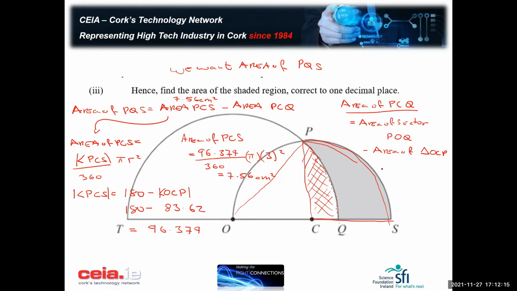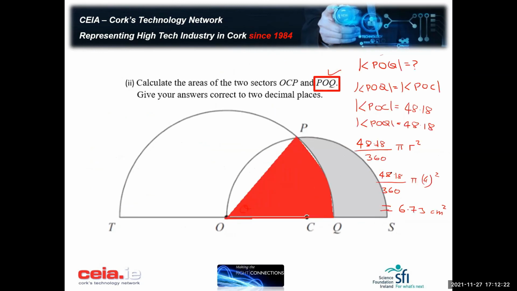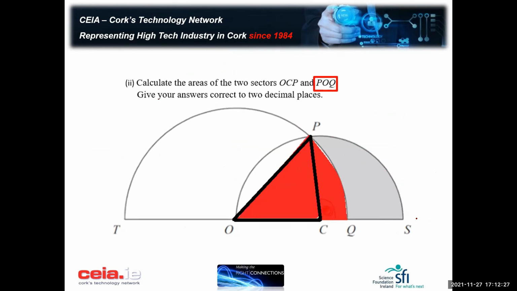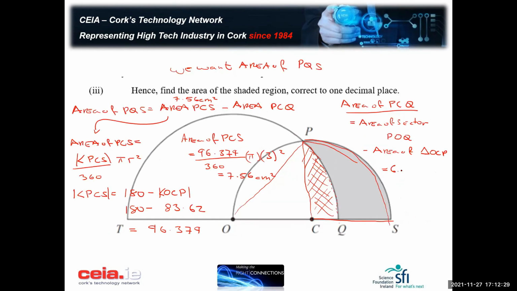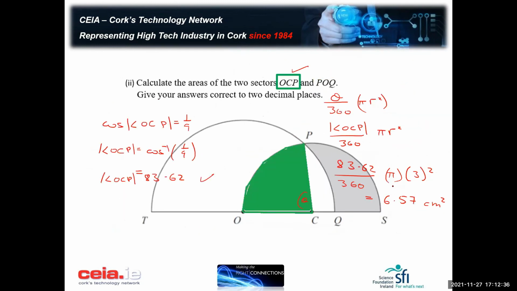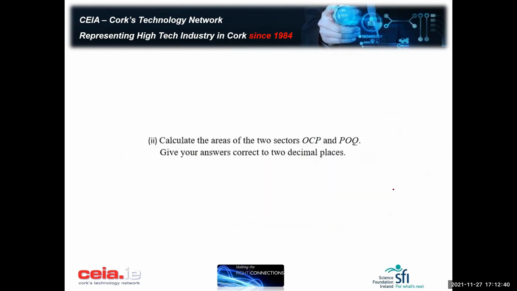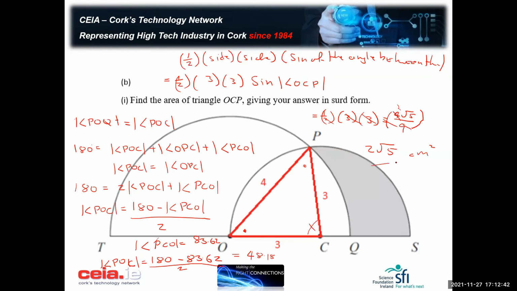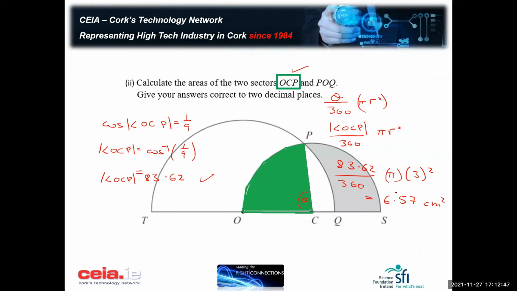And we have worked out the area of POQ already. We worked out the area of sector POQ was 6.73 centimeters squared. So that's 6.73 centimeters squared, less the area of triangle OCP. And we worked out that triangle OCP earlier on was 2 root 5 centimeters squared.